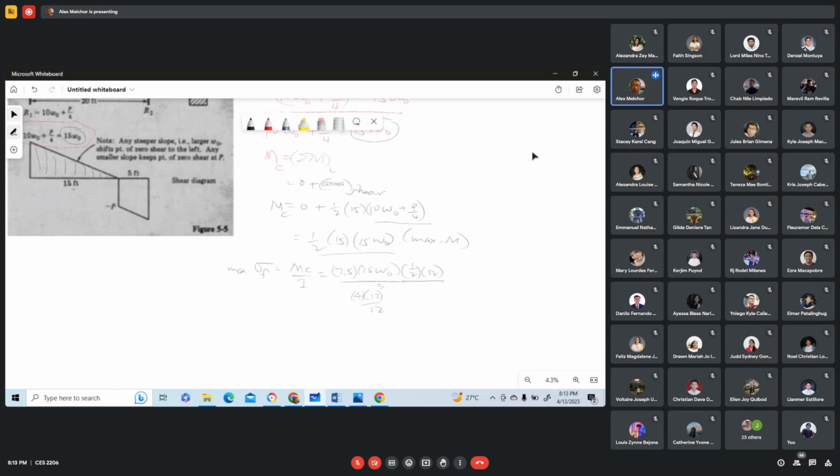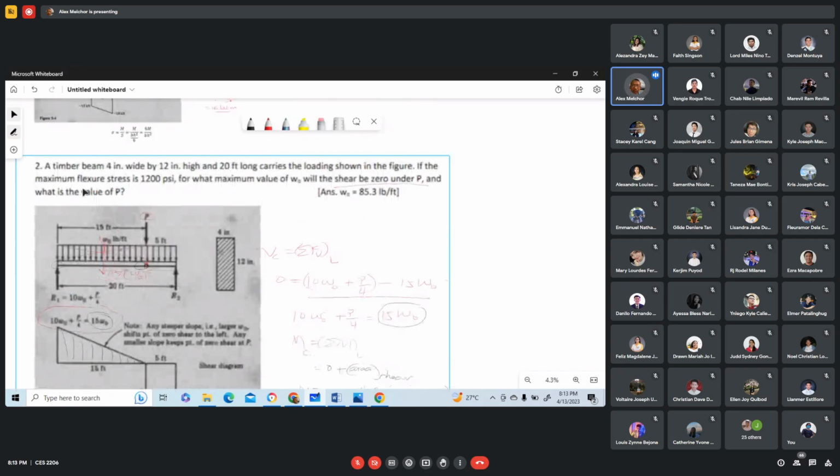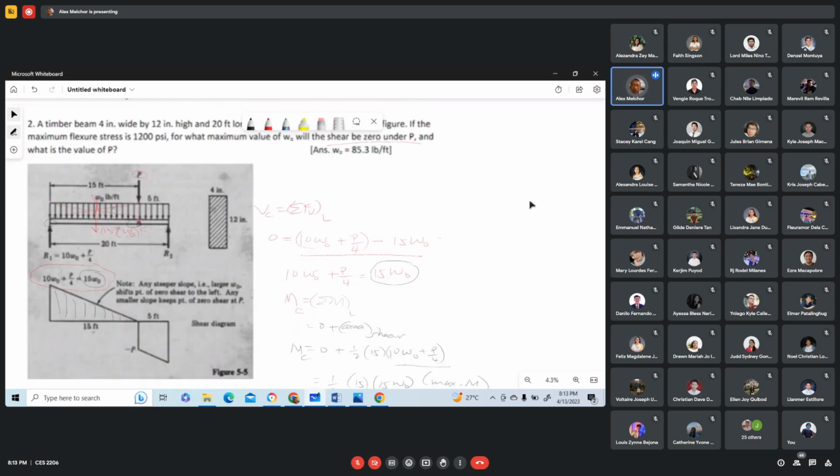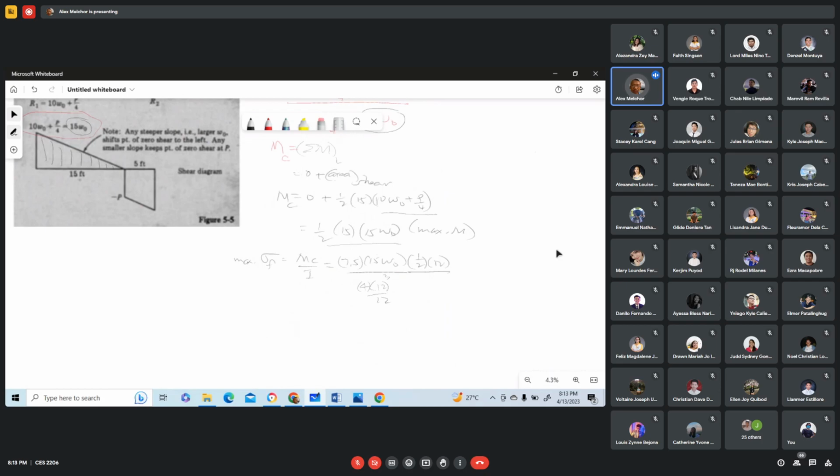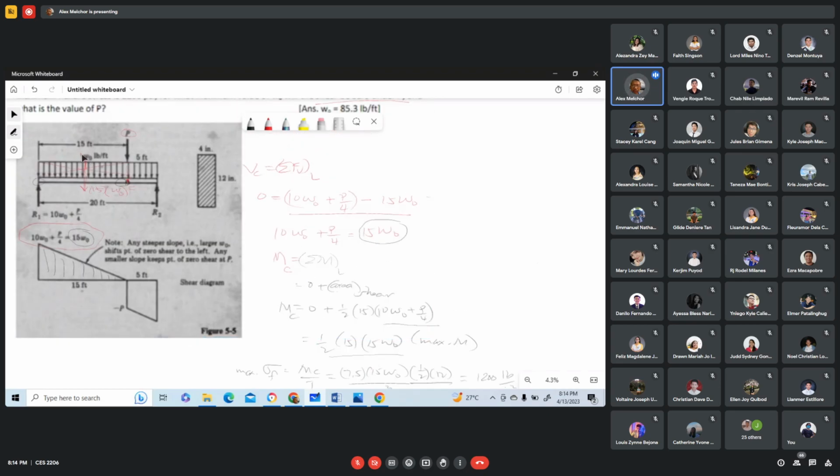Now our maximum flexural stress is 1,200 psi. This is the allowable flexural stress, 1,200 psi. So we equate this to 1,200 pounds per square inch. Now take note of the unit, that's pounds per square inch. Now our moment here is in foot pounds, since our unit for W sub O is pounds per foot.